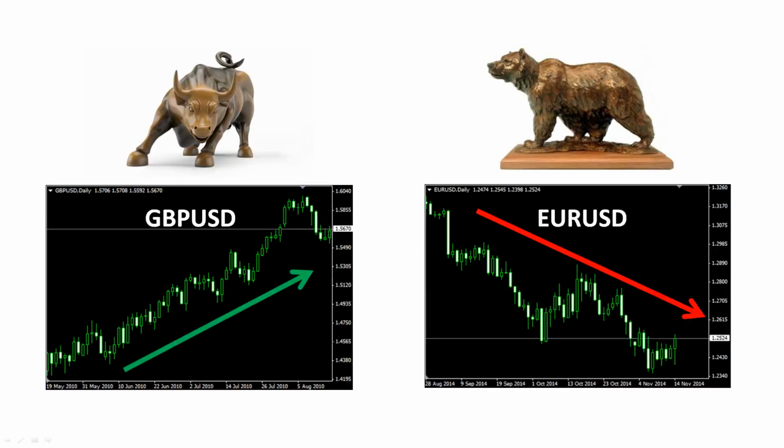But on the Forex market that is very different. Bulls are still the same, they're looking for something to grow. Bears are not pessimistic. Bears just invest in the decline of a currency, but there is no actual company behind this currency. It's not a stock. So by investing in the decline of the euro-US dollar, you're just saying that the euro will drop but the US dollar will grow.